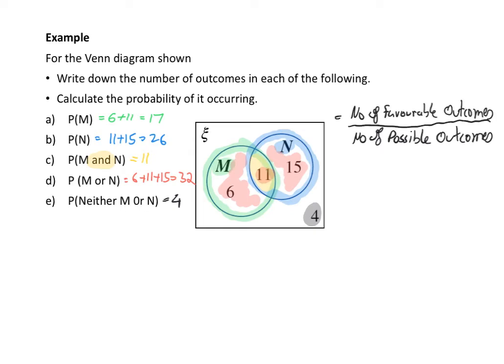So the total number of possible outcomes is equal to 36. And that was calculated by adding all of the numbers within our Venn diagram together.